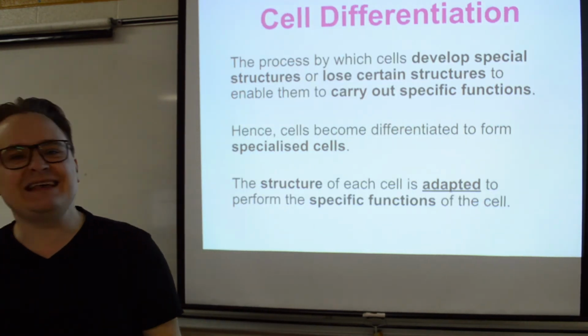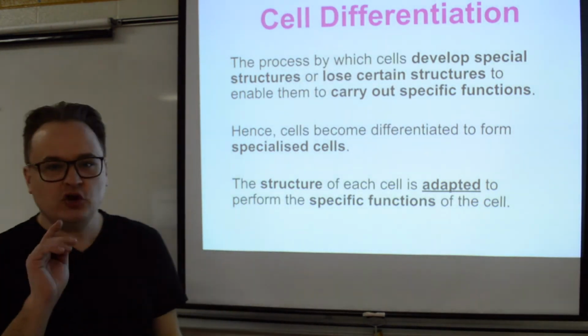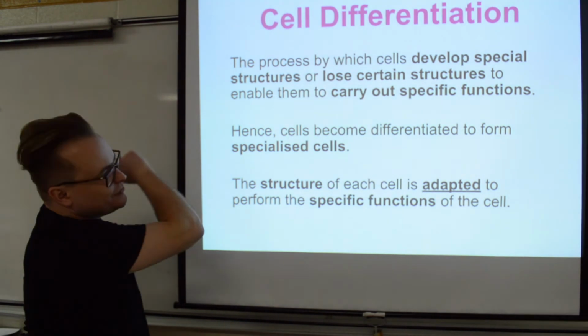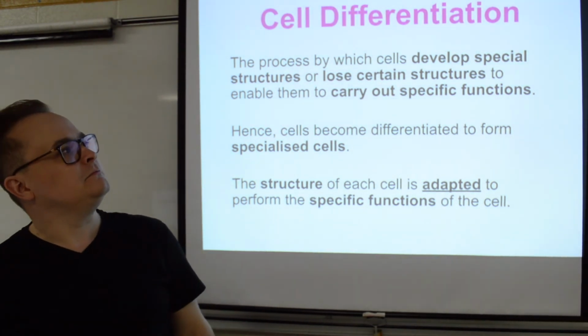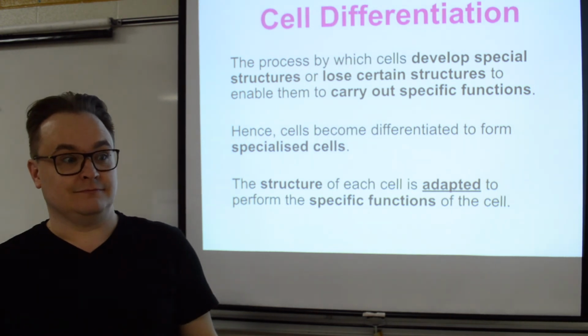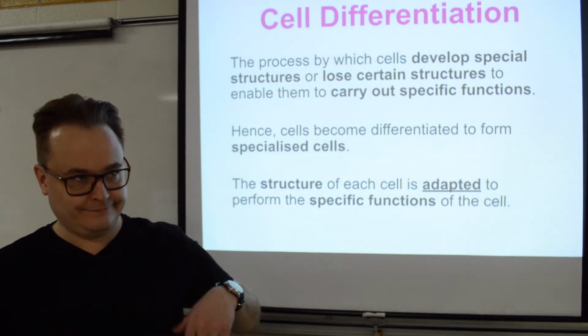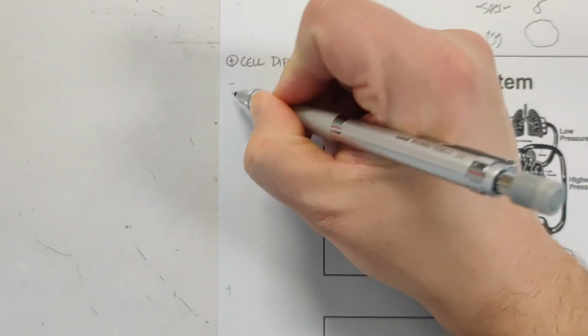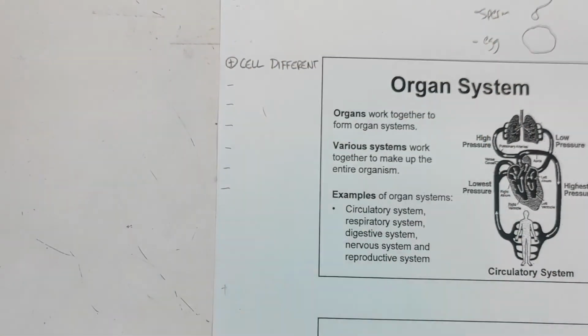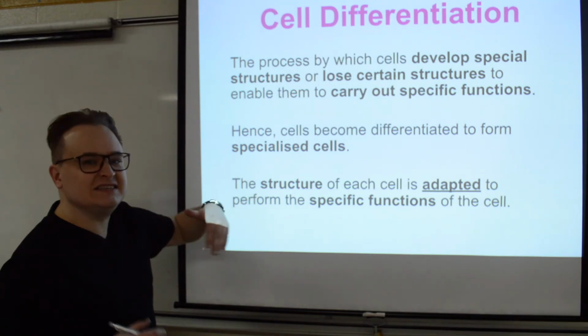Let's look at cell differentiation. You don't have this on your paper, but you should write this down in the margins. I'd put some different things about cell differentiation. You can get it here, but that's just what I've talked about.